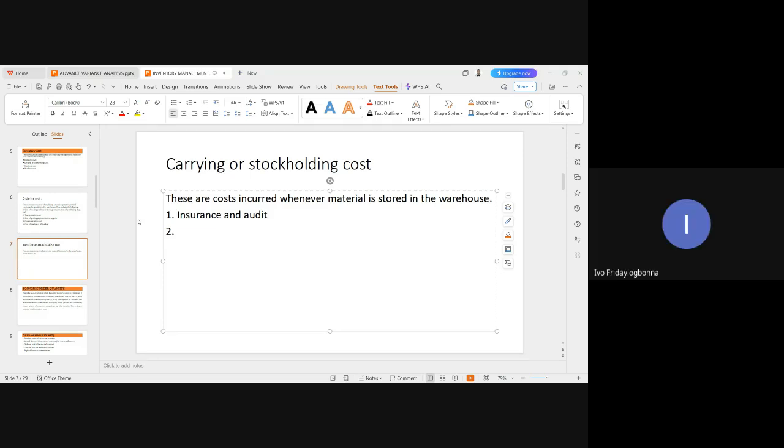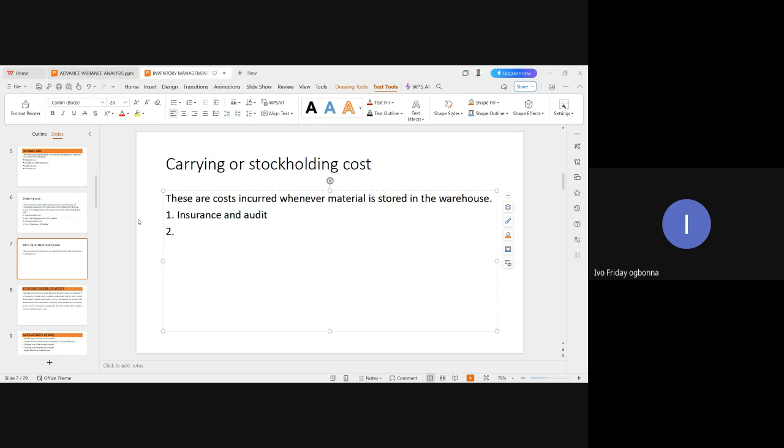Okay. For insurance, most companies would always insure their goods so as to take advantage of, probably, unexpected events like fire outbreak and all of that.